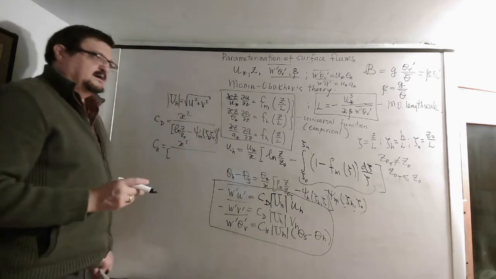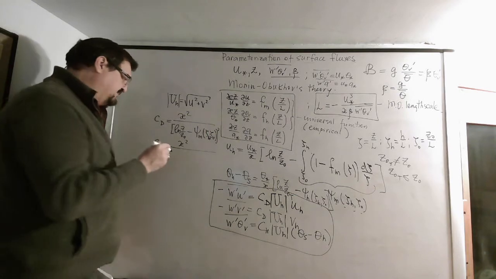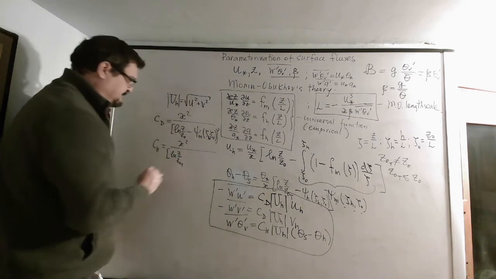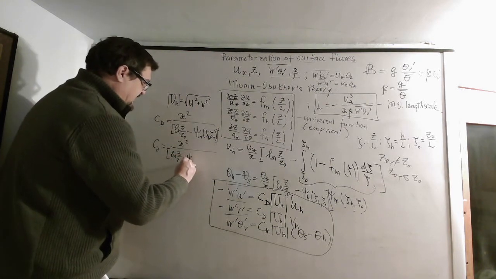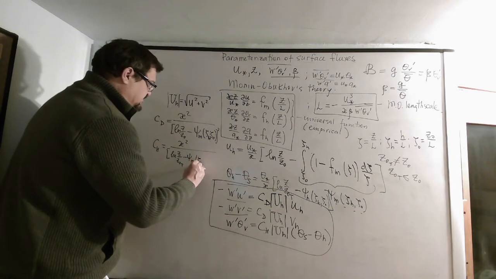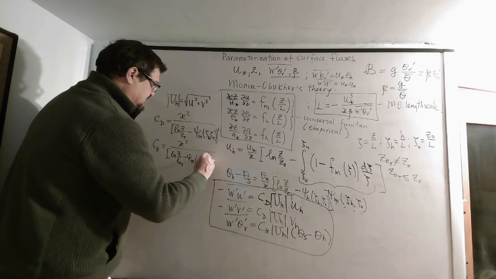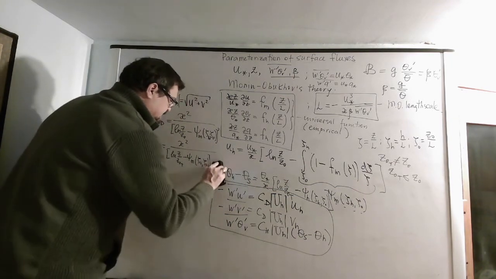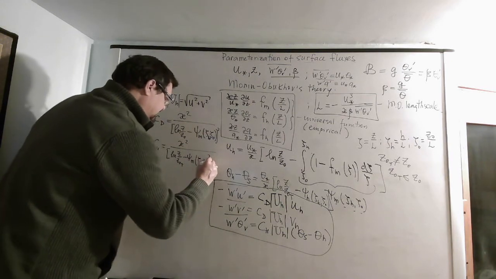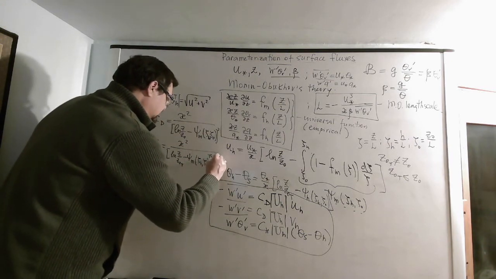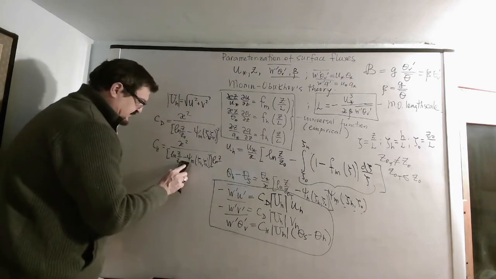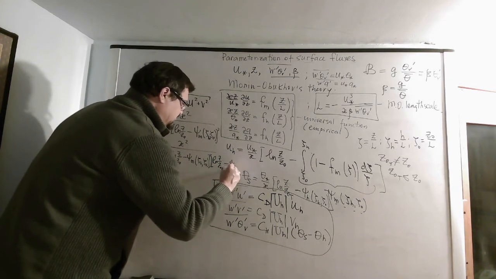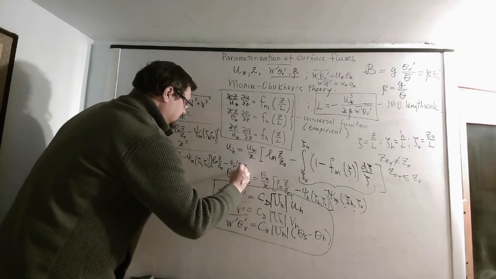It's the effect of velocity and the effect of temperature. So it's again kappa squared divided by log z over z naught minus psi m of eta h, eta 0, times log z over z naught T minus psi h of eta h, eta 0.